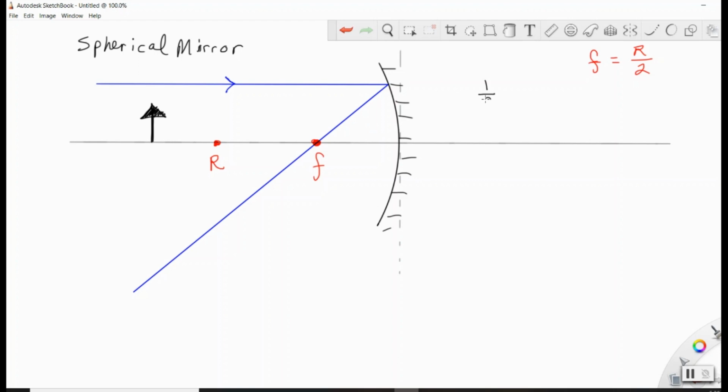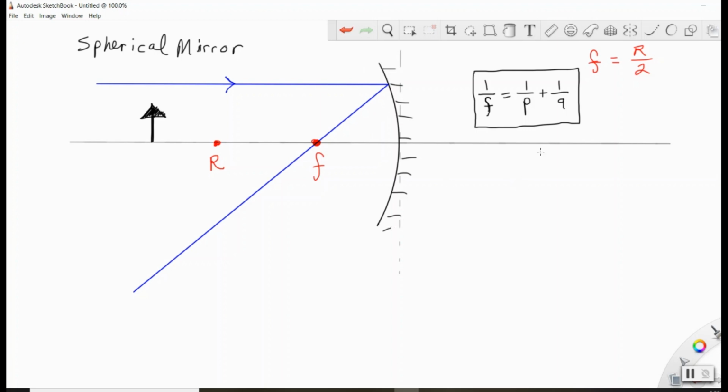The equation for finding the relationship between the object and image distance is 1 over the focal point is equal to 1 over the object distance plus 1 over the image distance. This is the same as it was before, right? Now that's interesting because the one equation that was strictly for light refracting through a lens happens to be the exact same geometry, or at least the mathematical geometry, as that of a spherical mirror.